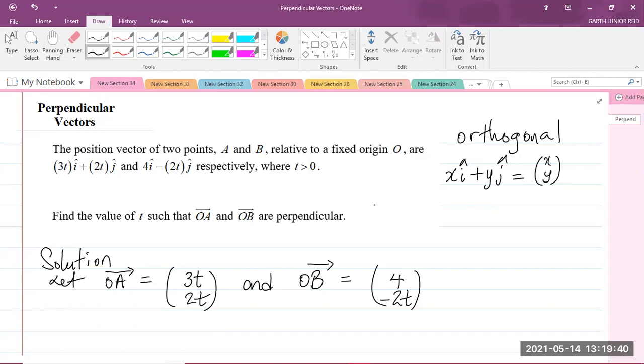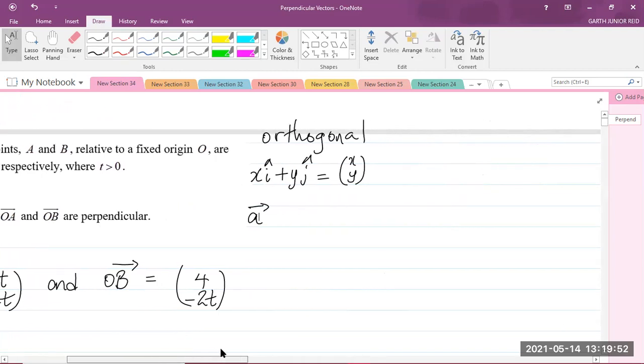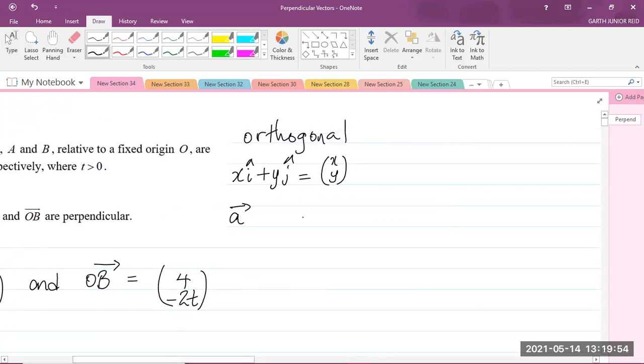So let us say I have two vectors, vector A equal to (x, y) and vector B equal to (p, q).